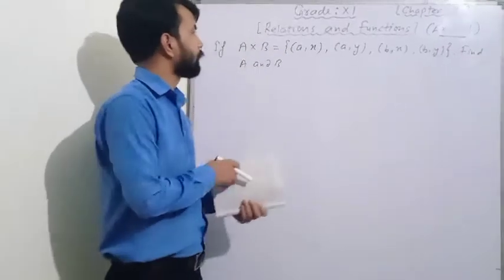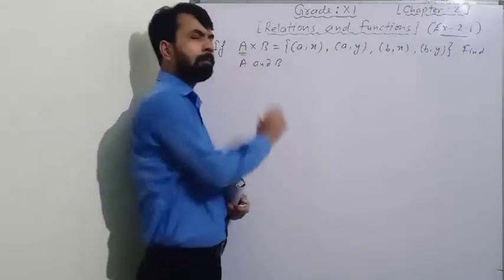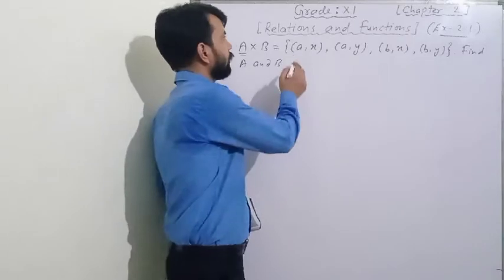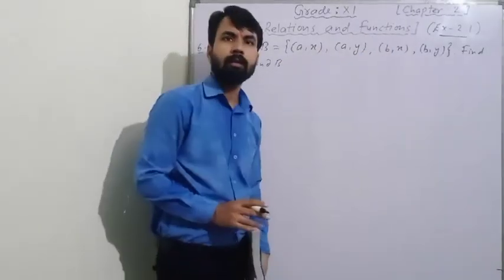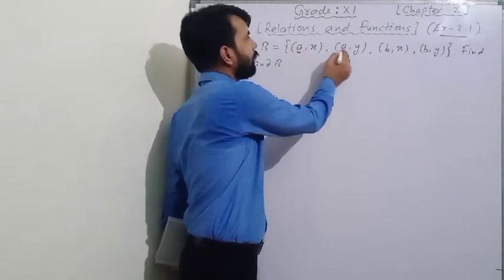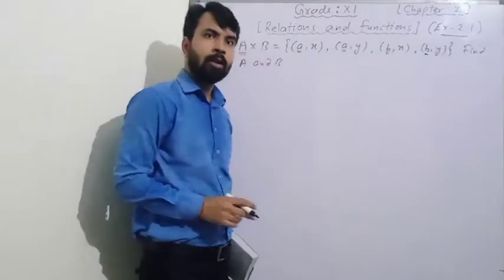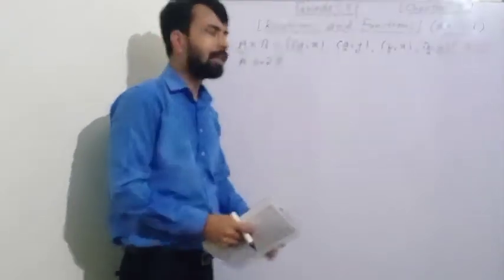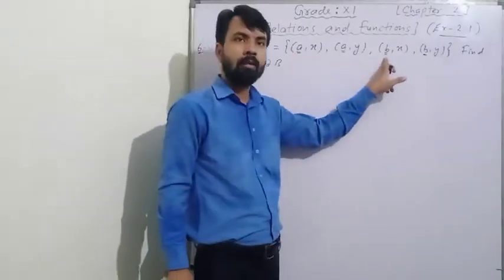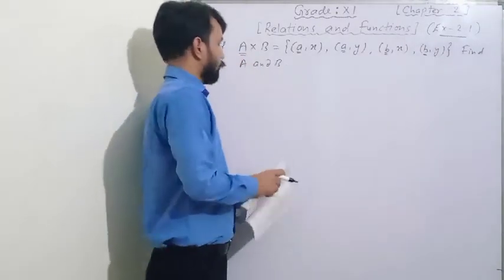So see, two sets are here. What is the first set? First set is A. So it is clear that the first element of each ordered pair belongs to A. So see, what were the first elements? a, b and b. Clear? So there are two elements a and b which belong to the first set. Understood?